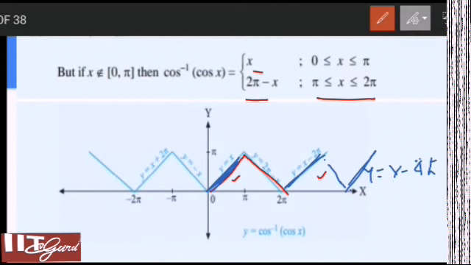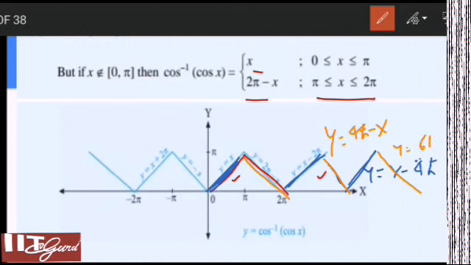And this part, y equal to 2 pi minus x, will become 2 pi minus x. Here it intersects at 2 pi, and here it intersects at 4 pi, so 4 pi minus x. Similarly after 4 pi, that is 6 pi, y equal to 6 pi minus x.